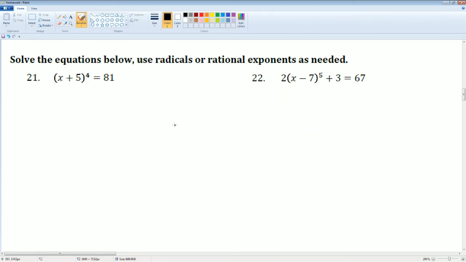Ooh, this is very interesting. So here you're trying to solve for the 81. So you have to use some inverse operations here. Okay? So here I'm going to tell you this is wrong. I'm going to do the wrong step first. Okay? x plus 5 to the 4th power equals 81. That doesn't look pretty.